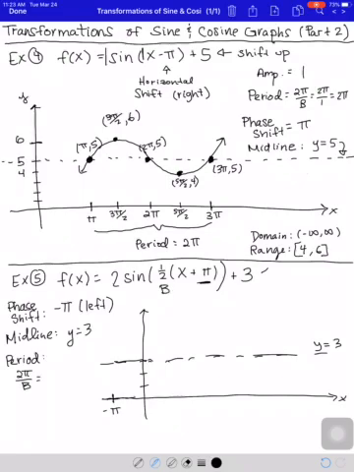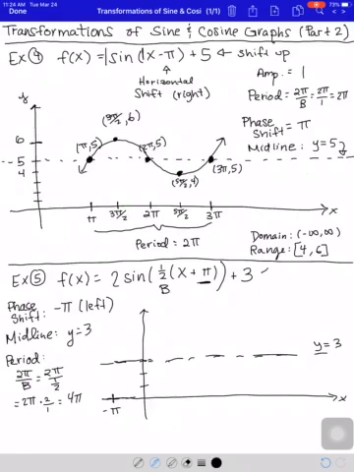So this guy here is b, 1/2. So what we have is 2 pi over 1/2, which is 2 pi. Now dividing by 1/2, that's the same as multiplying by 2 over 1. So what we actually get is 4 pi. Okay, so our period is now 4 pi.